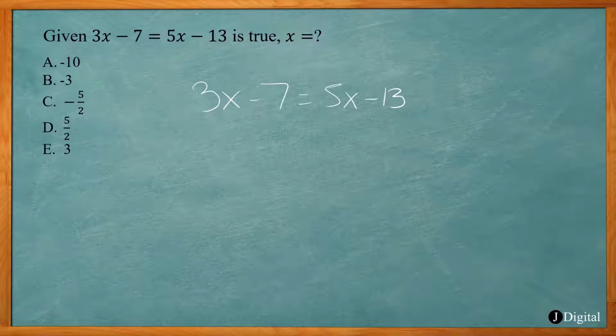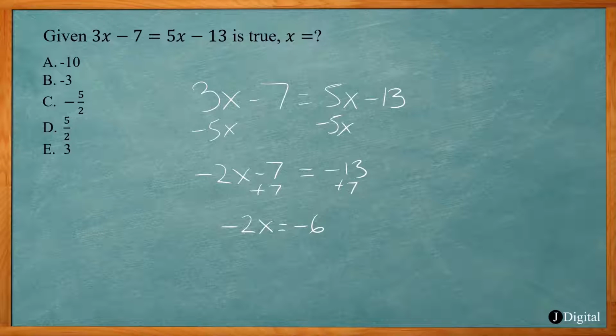So this one, I want to get the x's to the same side, so I subtract 5x from both sides. It gives me negative 2x minus 7 is equal to negative 13. And add 7 to both sides. So negative 2x is equal to negative 6. Divide both sides by negative 2. And x is equal to 3.